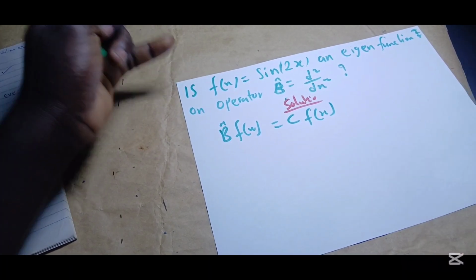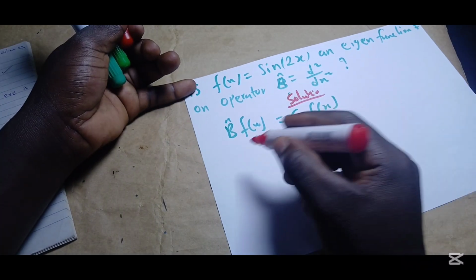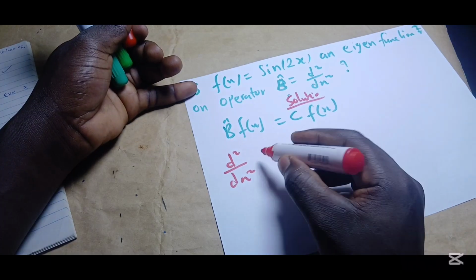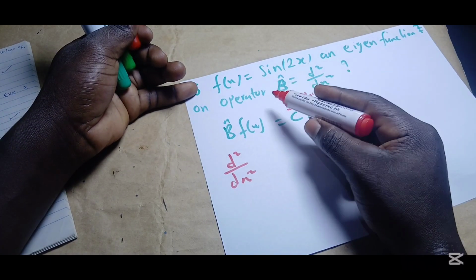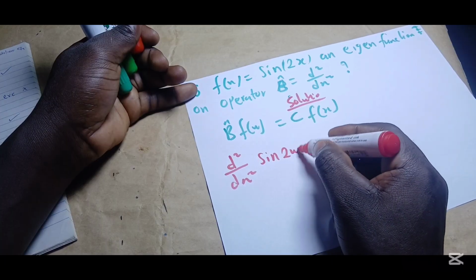So operator B is d squared over dx squared, and the function f of x is sine 2x.